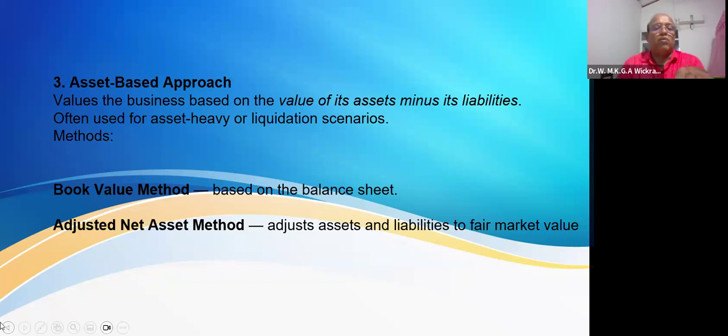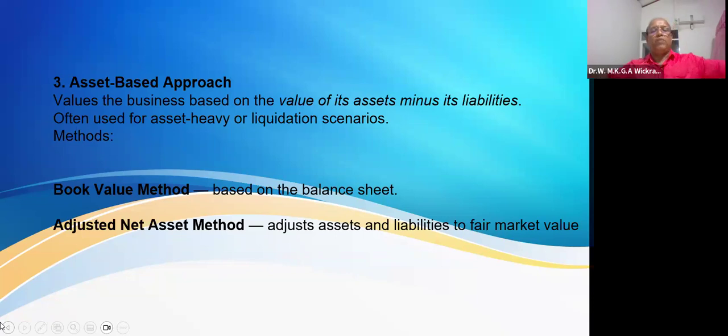Like there is increasing, there is decreasing also. So if you value that type of company having a huge asset base, you should not use the market base alone. You should go for asset base, or asset base and also market base and income base, and compare the 3 values. That is the way you have to do.